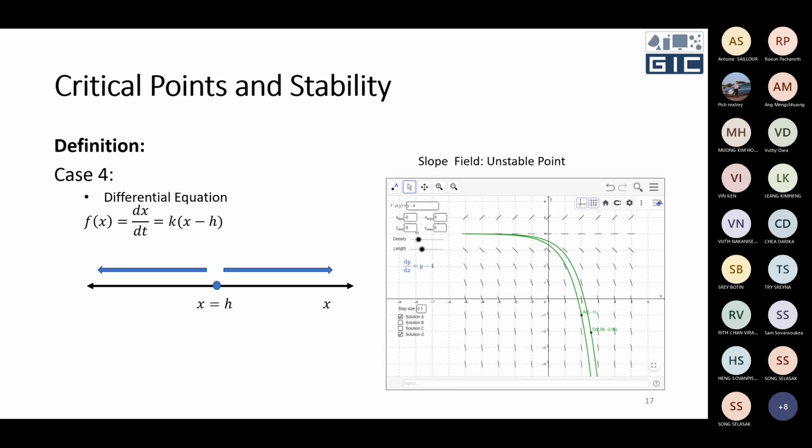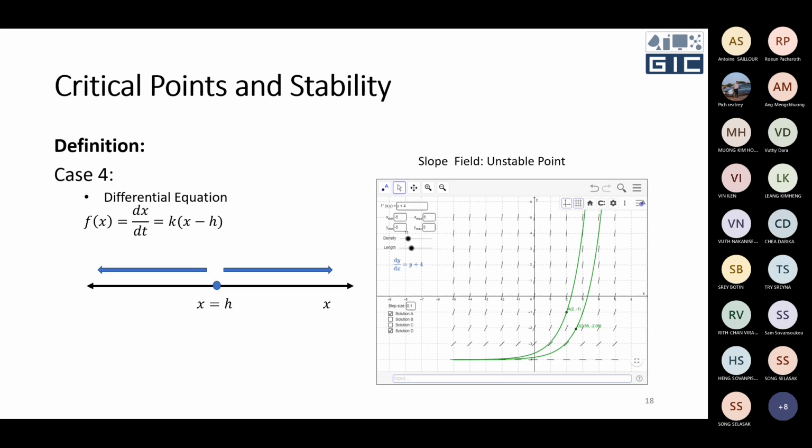It tries to move away from the stable point. The same case in this figure tries to leave the stable point by decreasing the value of the system. We can also see a way that tries to leave by increasing.